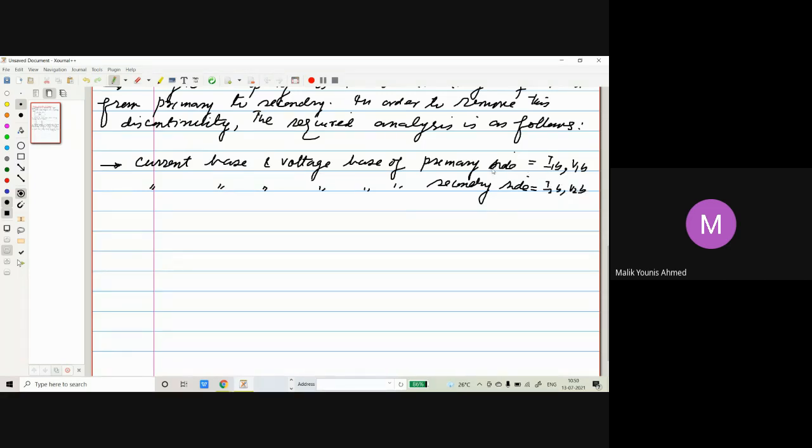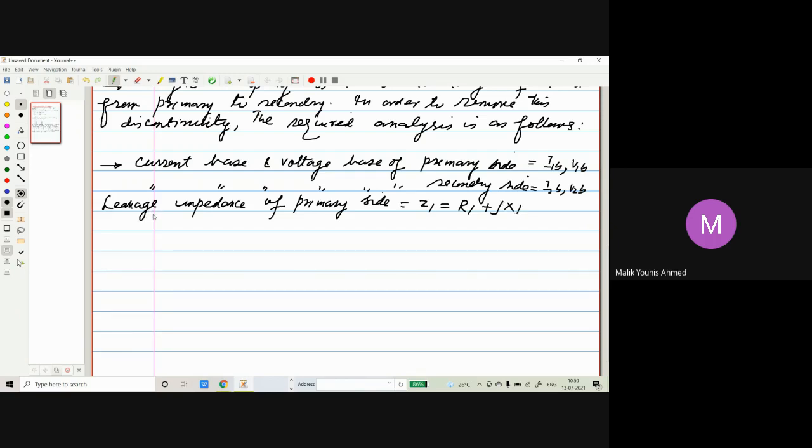Leakage impedance of the primary side will be Z1, a combination of resistance R1 plus j reactance X1 on the primary side.